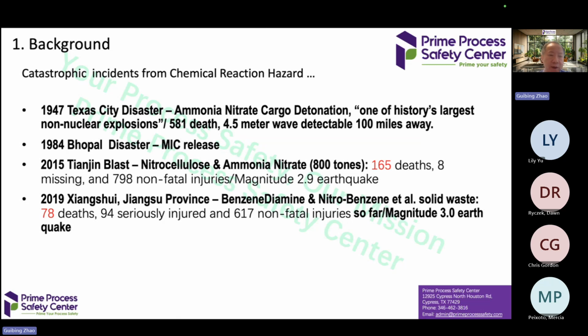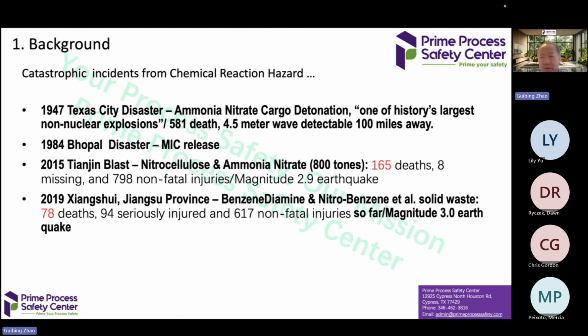And another one everybody knows is the Bhopal incident, right? Thousands of people were killed, in India. In China, in recent years, there have been several big incidents too. One is the 2015 Tianjin blast. In this port, lots of unstable chemicals were stored, and a major incident was caused by nitrocellulose and ammonium nitrate.